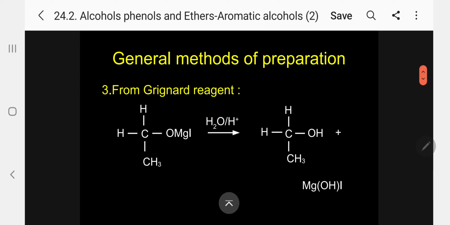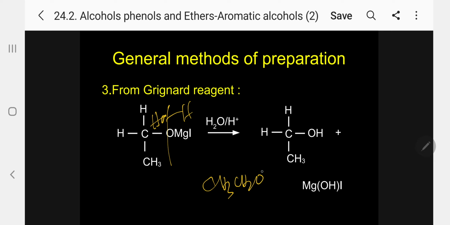Next step, it undergoes hydrolysis with HOH, and we get CH3CH2OH, that is your corresponding primary alcohol, ethyl alcohol. We also get MgOHI.